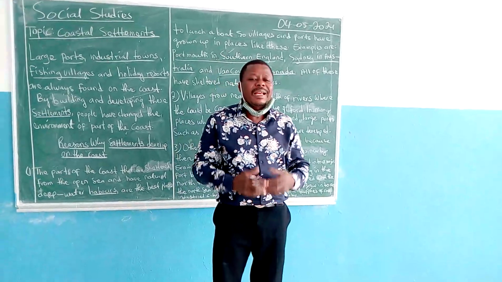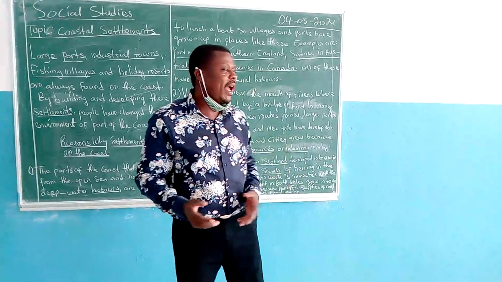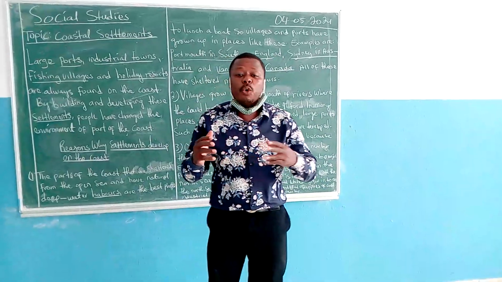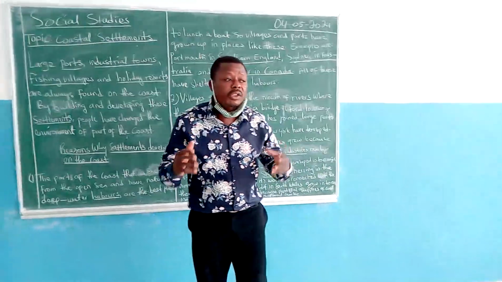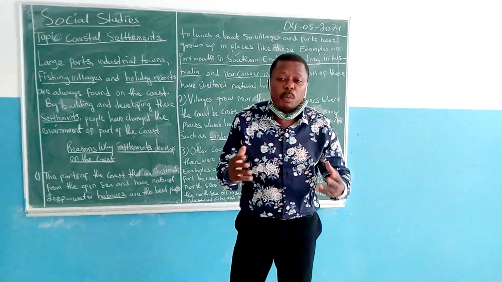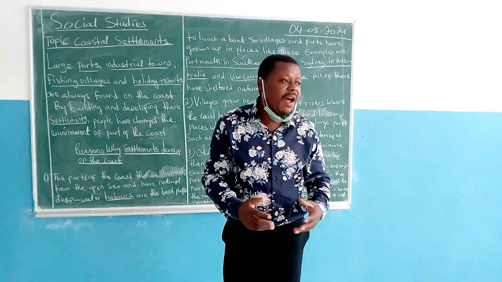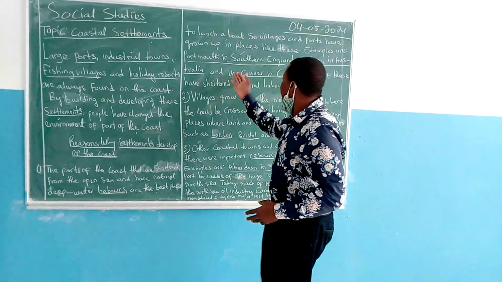Another one is Sydney in Australia. Sydney in Australia has developed into a large coastal city because of its natural deep water harbor. And another one is Vancouver in Canada.